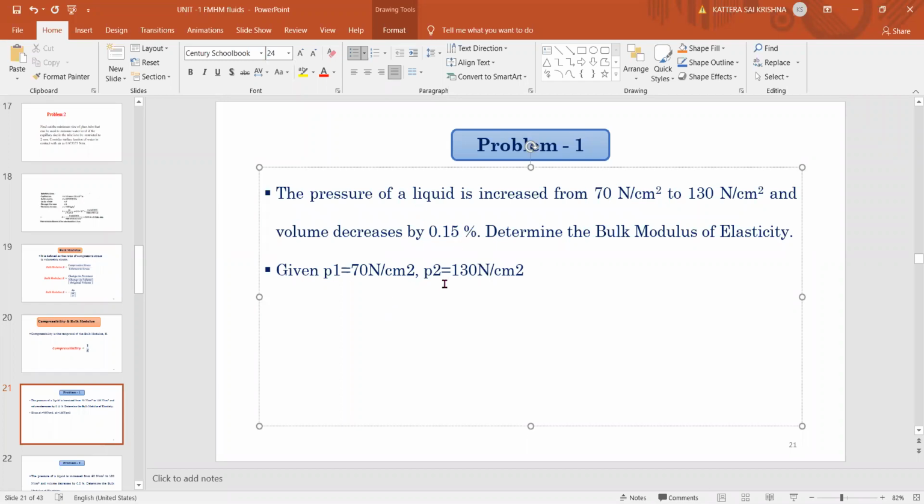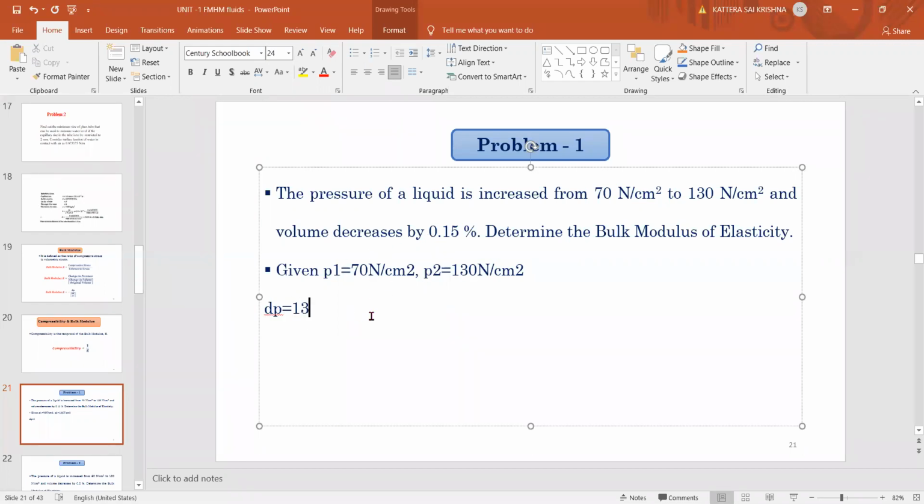P1 is 70 Newton per centimeter square. P2 is 130 Newton per centimeter square. Next, you can find the change in pressure with this. So what will be the change in pressure? dP is equal to P2 minus P1.